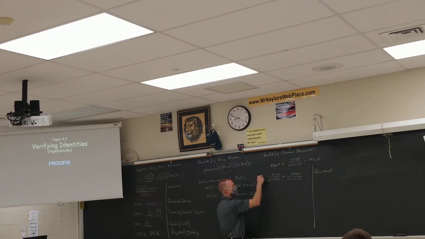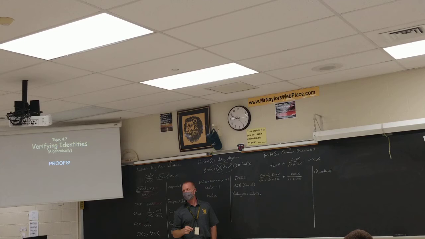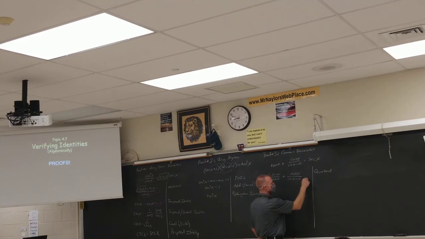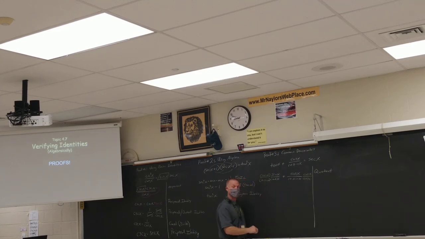You also have to put 1 plus sine in the numerator. But the way that this goes is you basically always put what's missing into that other denominator. This one over here is missing this cosine. Give it what it needs. Give it a cosine. Make sure you put cosine in the numerator also, because that's the way you make a common denominator.